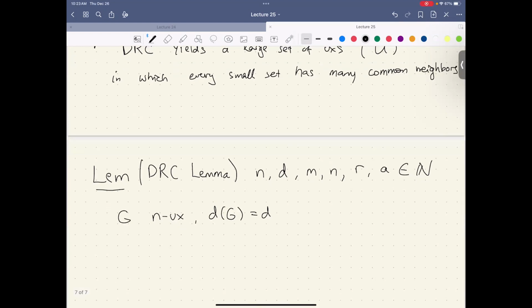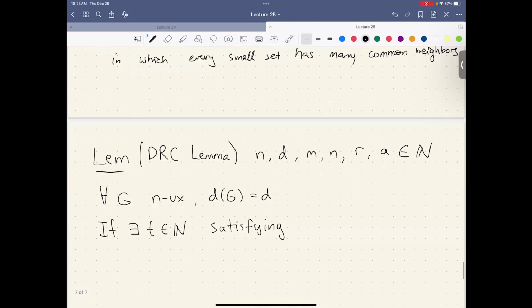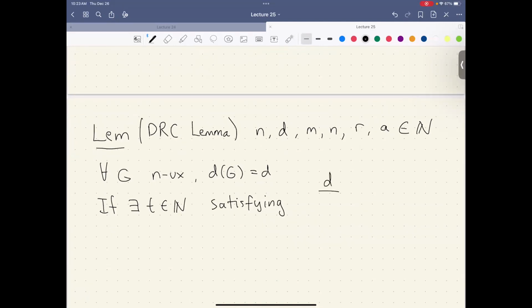Now the hypothesis is that for any n vertex graph with average degree d, if there exists a natural number t satisfying this inequality, d over n to the t, minus n choose r, m over n to the power t, is at least a.